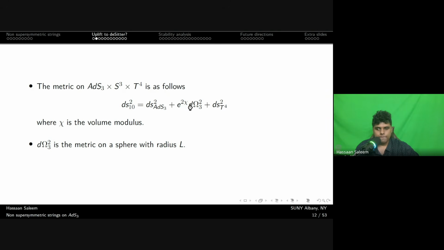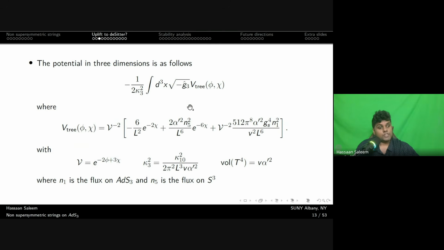Okay. Now let's write down the potential that you get in 3 dimensions. So by 3 dimensions, I mean AdS3. So there are various places from where you will get this potential. I'm not giving you all the details here, but this term comes from the curvature of the sphere. This term comes from the H3 flux on the sphere.